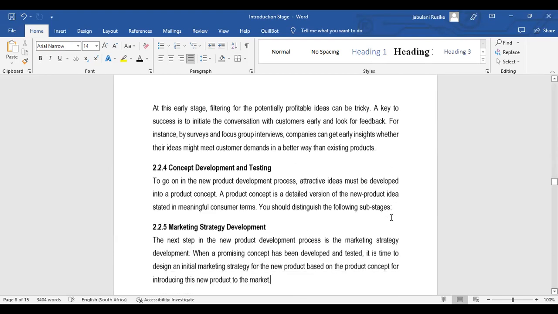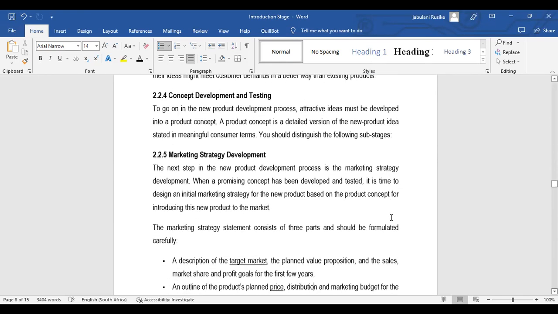And then stage number 4 is what is known as market strategy development. Now, this is when you are trying to come up with a strategy of how to market the product once it is finished.